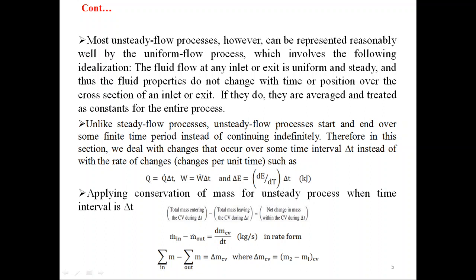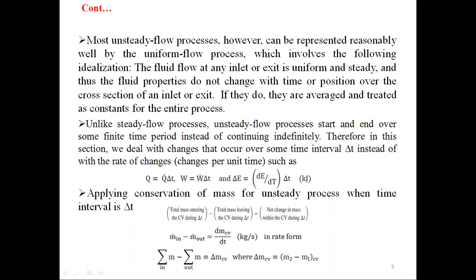The fluid flow at any inlet or exit is uniform and steady, and thus the fluid properties do not change with time or position over the cross section of an inlet or exit. If they do, they are averaged and treated as constant for the entire process.